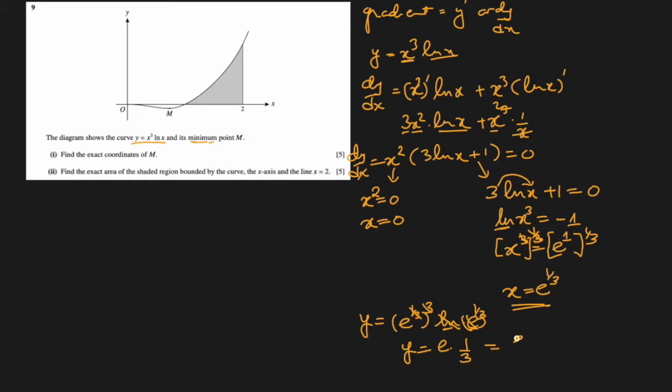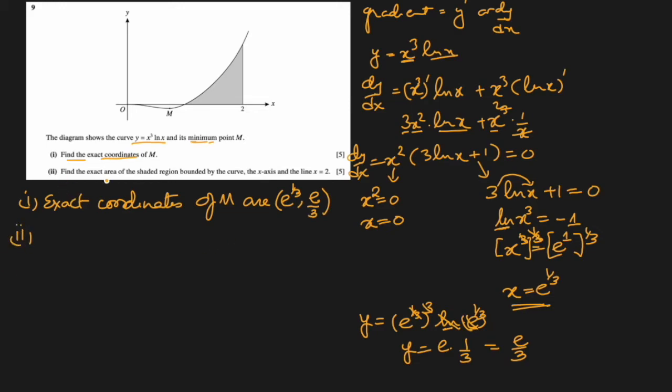So we can write this as e over 3. Question was find the exact coordinates of M. So the exact coordinates of M are e to the power 1/3 and e over 3. These are the coordinates.